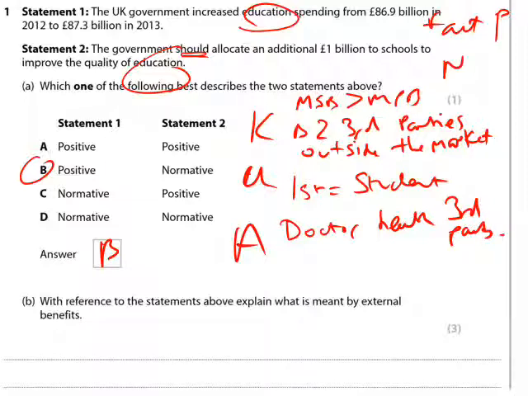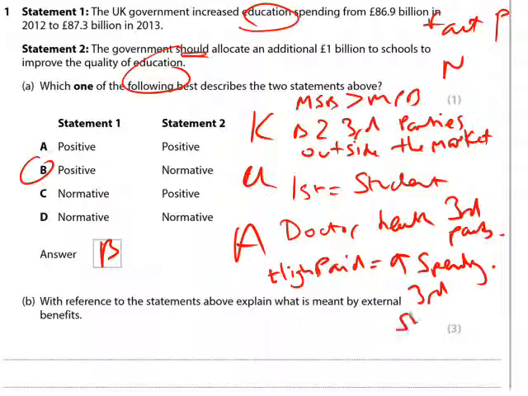Or you could say that the first party, when they begin to work, they will have highly skilled and highly paid jobs, which will equal an increase in spending in their local economy. So the third party are shop owners. Okay.